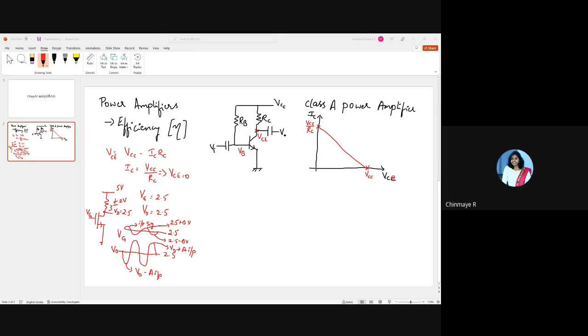Okay. Now similarly here, what should be the value of VCE so that you get the maximum swing? Apply the same concept. What should it be? VCC minus 0 divided by 2.